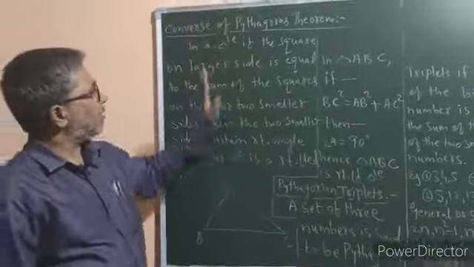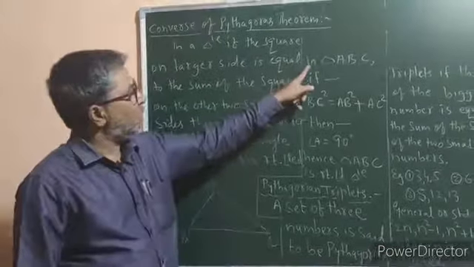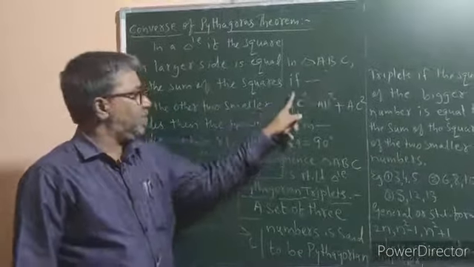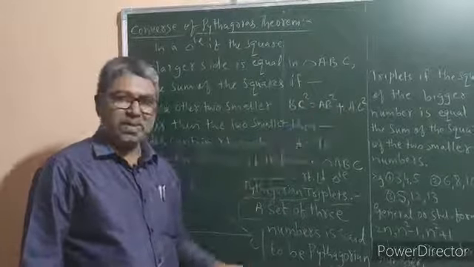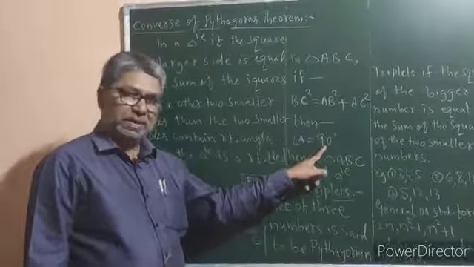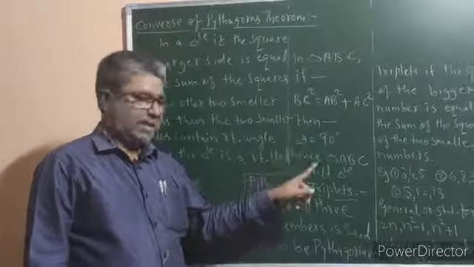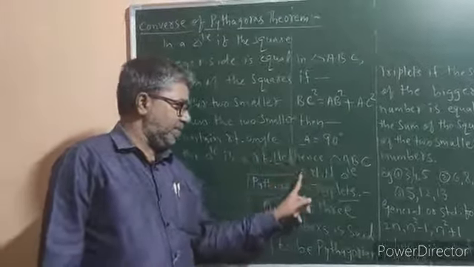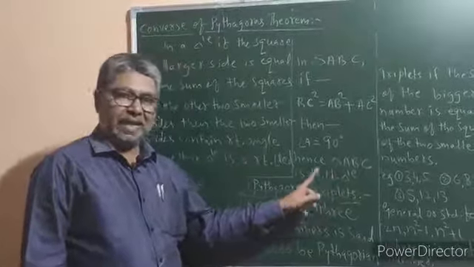This is the converse of Pythagoras theorem. So in triangle ABC, if BC square is equal to AB square plus AC square, then angle A is equal to 90 degrees, that is angle A is a right angle, and hence triangle ABC is a right angle triangle.